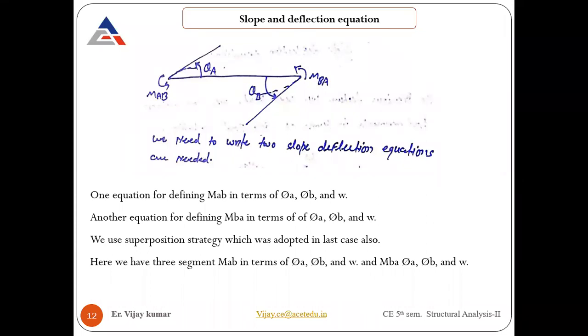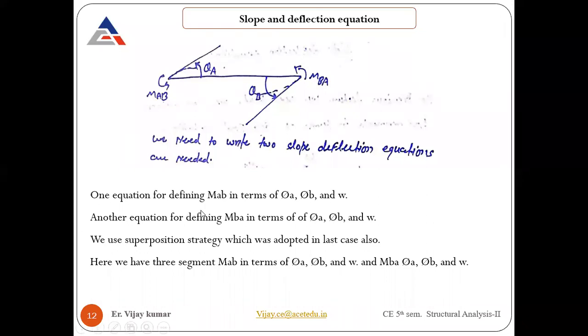But in this case, we have load also. So we need a relation between MAB with theta A, theta B, and the loading, which is W kilonewton per meter.